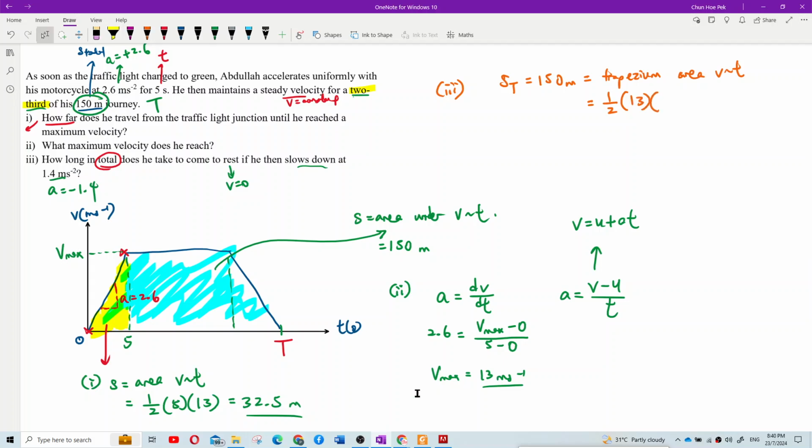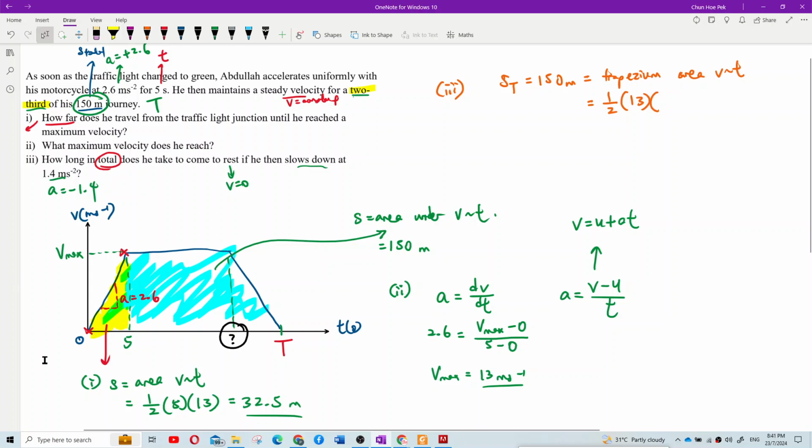And then, plus what? I'm missing one piece of information. I don't know what the time is here. I need this time, because I know this length is T plus this one. This one I don't know.